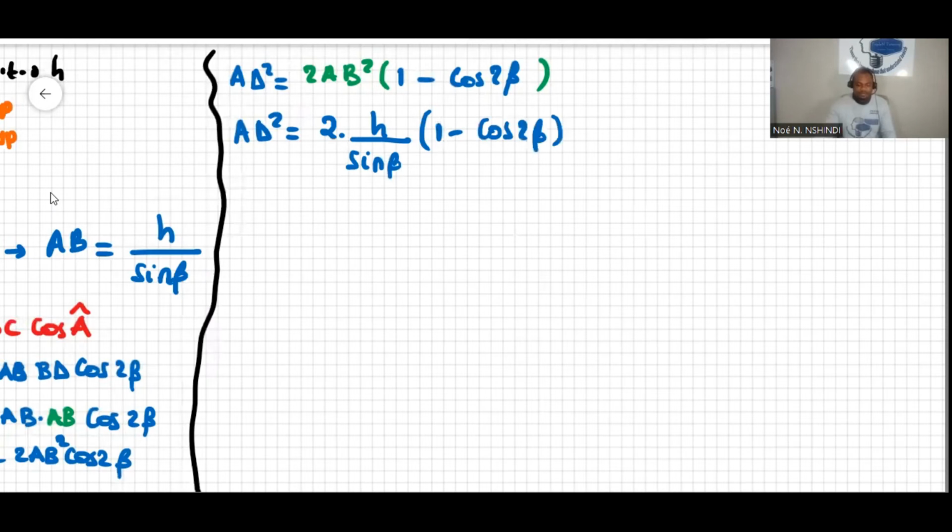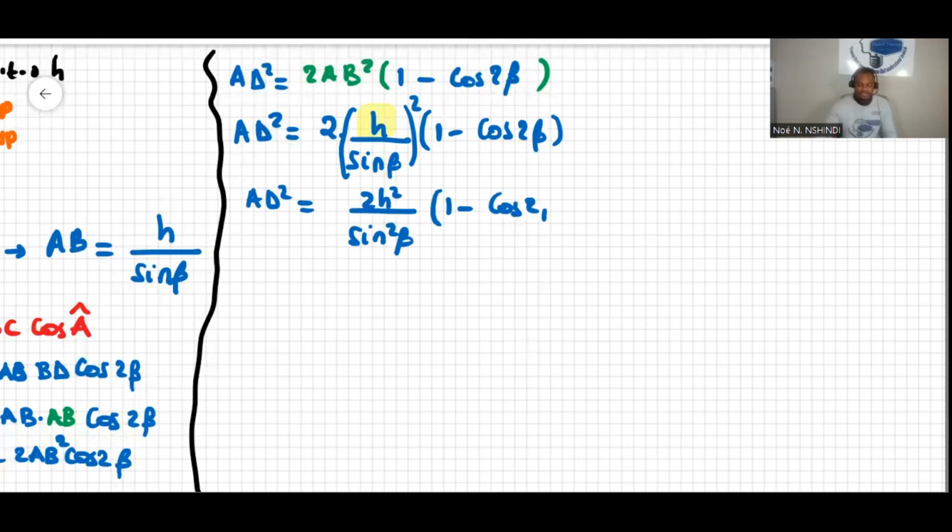It is expressed in terms of h, but not just h, because we also have beta given. Sorry, it was squared. So AD squared will be equal to 2h squared over sine squared beta, open brackets 1 minus cos 2 beta.